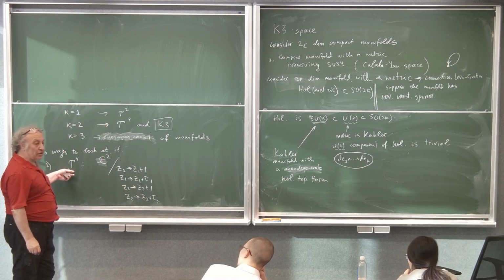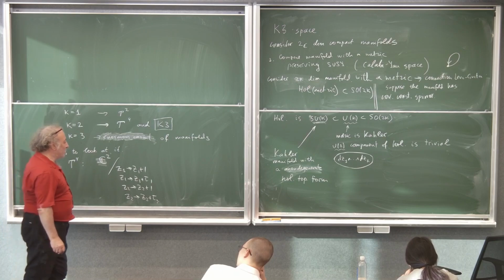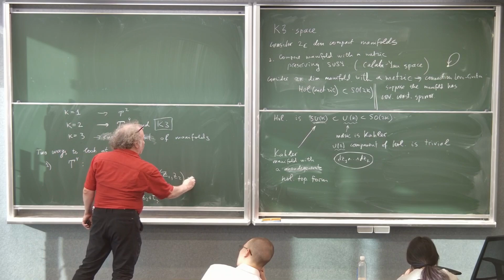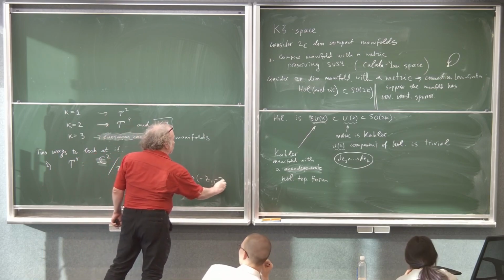But this is a four-dimensional torus. What would happen if we simultaneously identify z1, z2 with minus z1, minus z2?